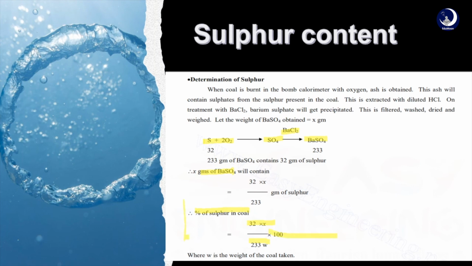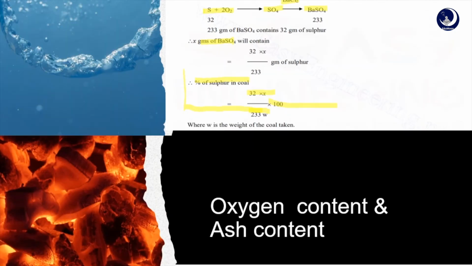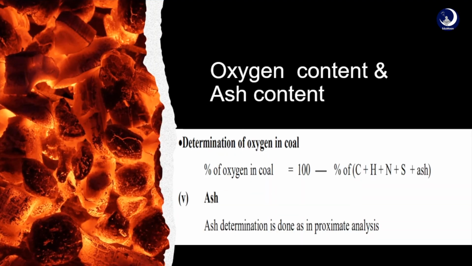And this is the main thing: oxygen content and ash content. When the oxygen content in the coal is high, the inherent moisture content will be high. It will have low calorific value. Further, if oxygen is there, it will be in combination with hydrogen in coal, and hence it will decrease the combustion.